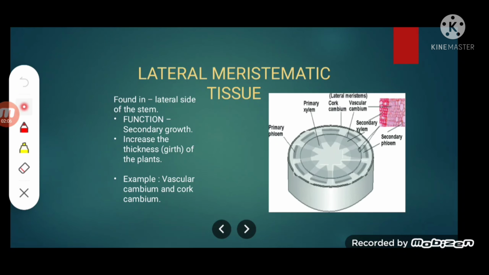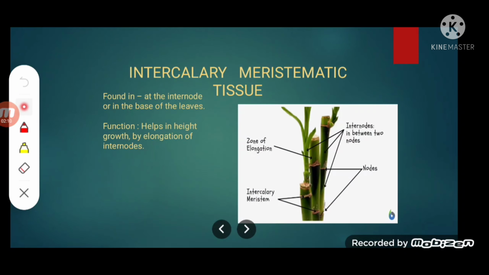Now next. The next, third category is intercalary meristematic tissue. So where are they found? They are found at the internode or at the base of the leaves. So children, what are internodes? The region between two nodes.